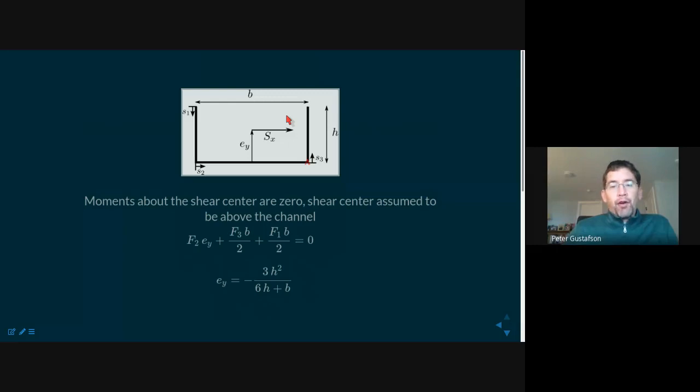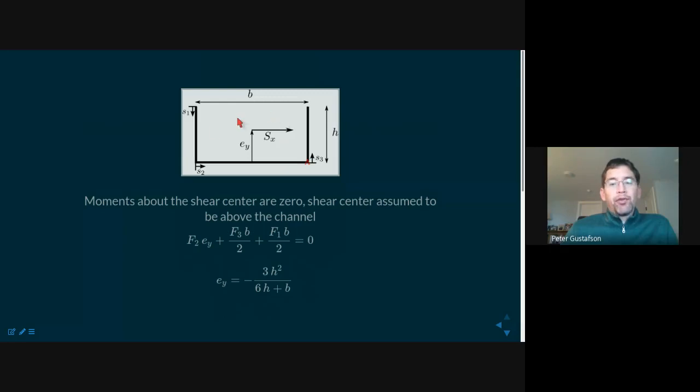That would be a fairly common and arguably intuitive place to put it, although it turns out not to be the shear center. That's a common misconception or mistake that somebody might make. If we had assumed it was close to the centroid, in this diagram it would have been above this lower segment rather than below it.